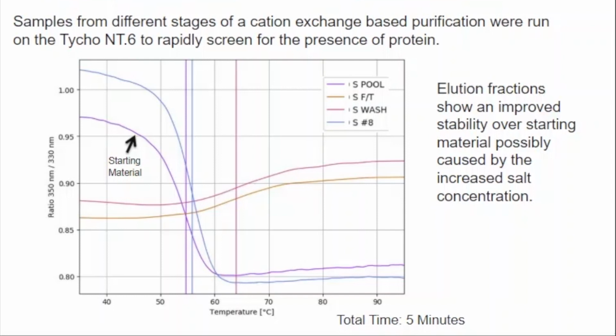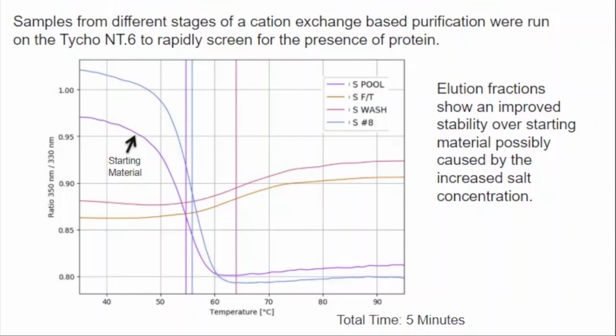And then the more purple line that's next to it is the sample that came out during one of the elution fractions. You can see that not only is that trace quite similar to my starting material, it also is a little bit shifted forward in temperature, which might suggest that the increased salt concentration as the protein came off the column was beneficial to my protein's stability.